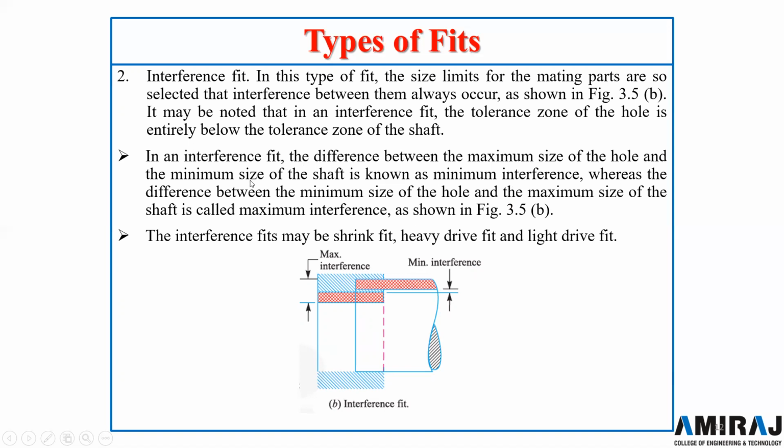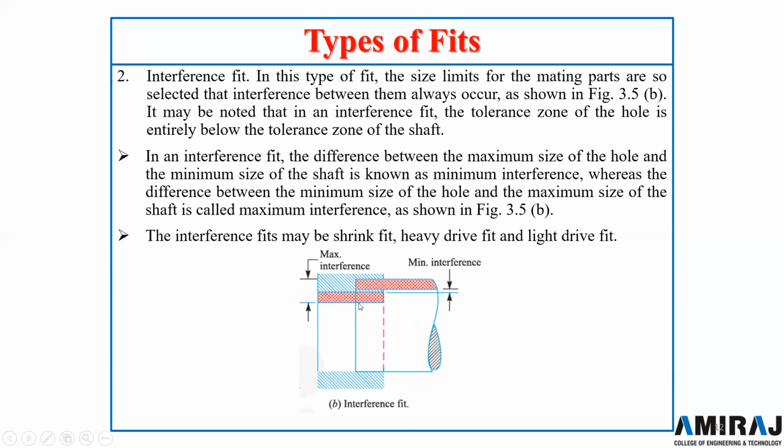Now with the minimum size of shaft and maximum size of hole, we will get the minimum interference. The maximum interference is the maximum size of shaft and minimum size of hole.